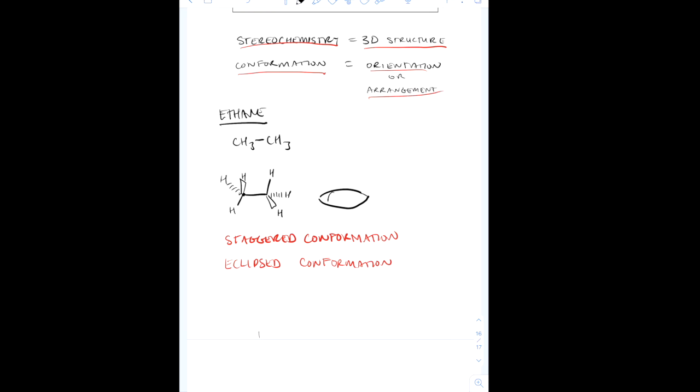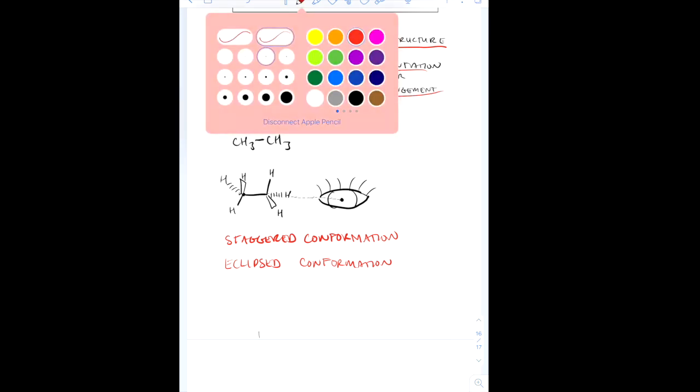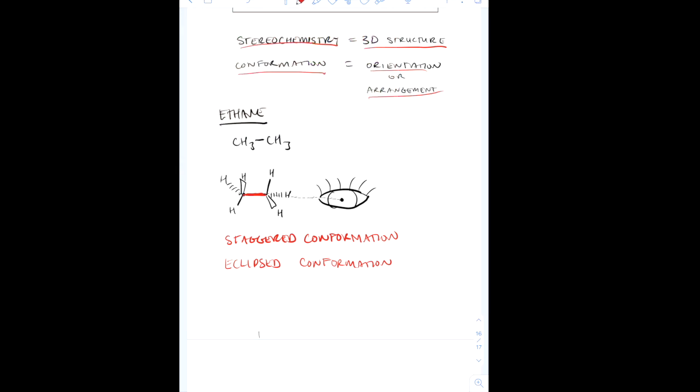And what this is going to require us to do is take a look at, let's see if I could draw this. Let's say we got an eyeball. Check out this eye. Ooh, look at that eye. That looks gorgeous. Of course, you gotta have those long eyelashes. And then what we're doing is we are ideally taking our molecular modeling kit, and we are looking straight down this red chemical bond, down this carbon and this carbon, and we're going to look at the orientation of the hydrogens that are on those respective carbons.